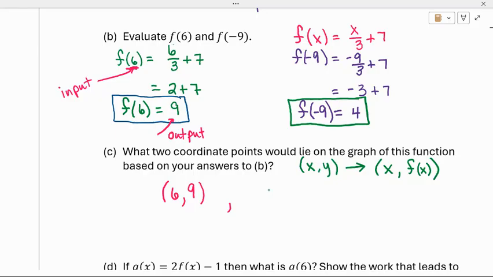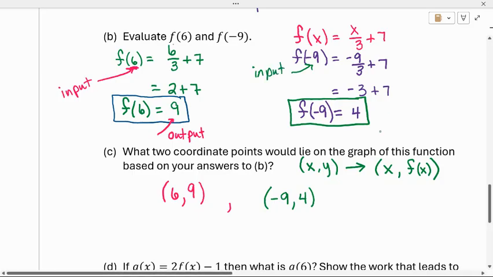We input negative 9 and got 4. Yeah, we input a negative 9 and we got out a 4. Negative 9 is my input. Positive 4 is my output. So we can write those as ordered pairs. So the two ordered pairs from the work that we did in example B are 6, 9 and negative 9, 4. Okay.